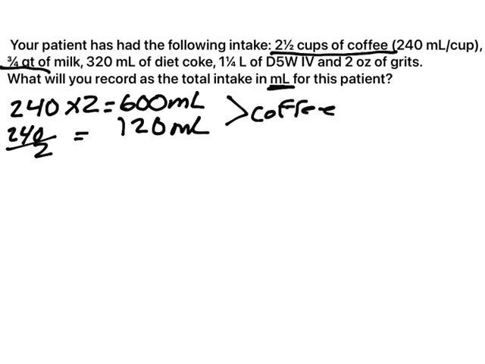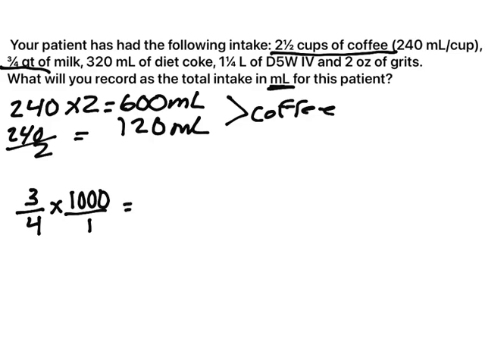All right, next we're going to go to a little tricky one, our 3/4 quarts of milk. How I like to do the 3/4 quarts, I literally write it out like this: 3/4, and then we know that a quart is 1,000 mLs. So we're just going to multiply it by 1,000. And if you want to put it over 1, you can.